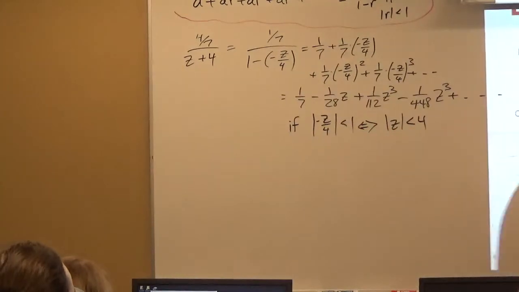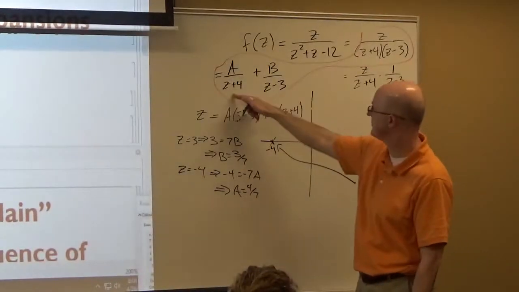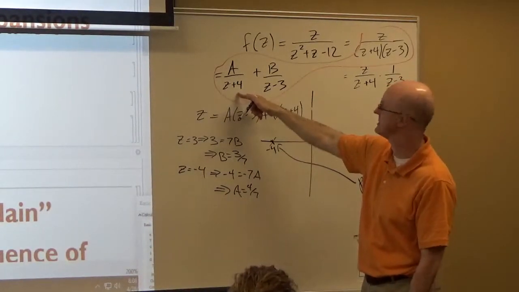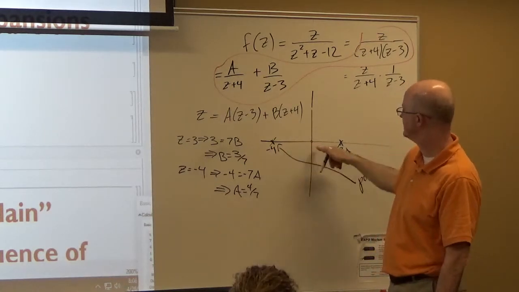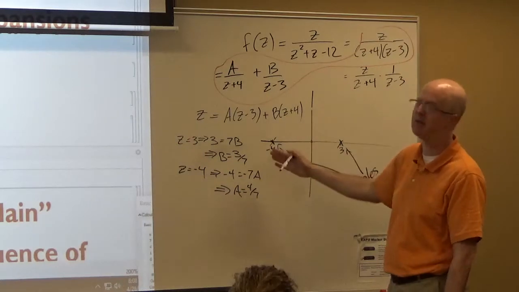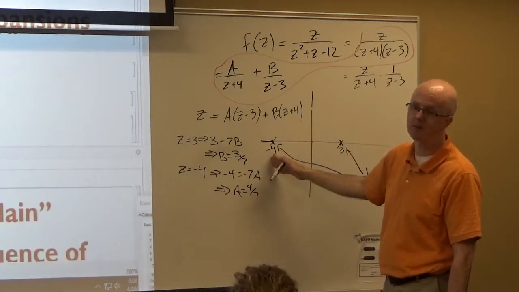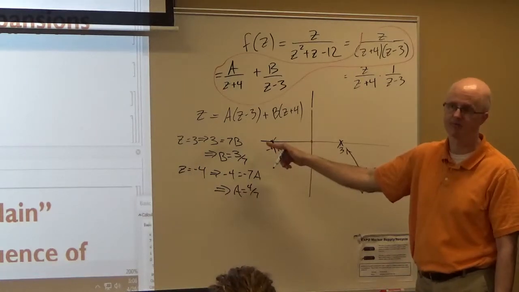Which it would have to be, because for that function, I'm not talking about my original function here, but for this function, a over z plus 4, 4/7 over z plus 4, there's a pole at negative 4. If we're expanding about 0, it's going to be analytic on the biggest open disk it can be, up to but not including the pole. It would have to be a disk centered at 0 of radius 4.